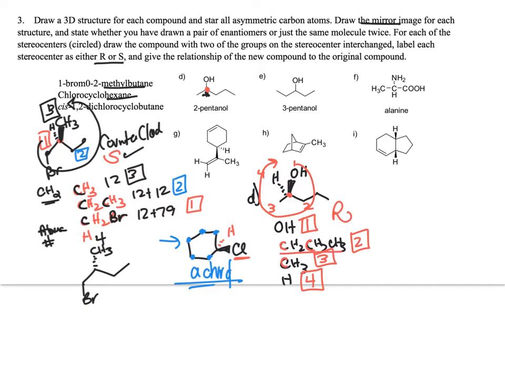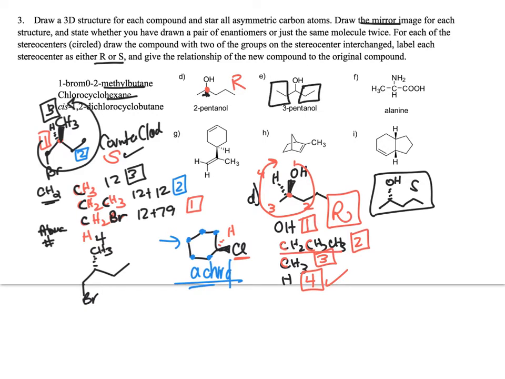Clockwise is R. The lowest priority is in back, so R stays R. So this one's R. And if you were to draw S, you would just draw the OH going back like this, and that would be your S enantiomer. 3-pentanol, as you can see, you do not have an asymmetric carbon, because this is an ethyl group and this is an ethyl group. So this is achiral. And then you can go on.